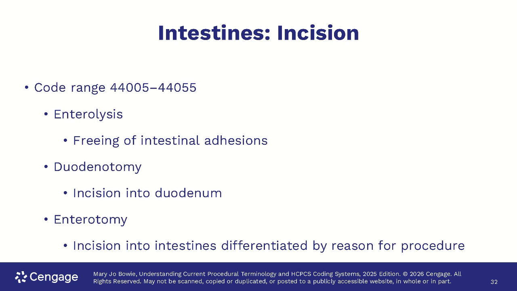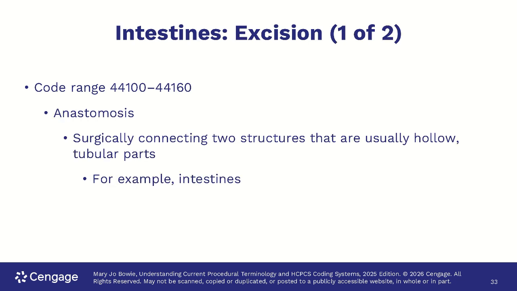Lysis is freeing up something, and in this case, intestinal adhesions. Duodenotomy, otomy, we're making an incision into the duodenum. Enterotomy, otomy, an incision into the intestine. And those particular codes for the enterotomy are divided based upon the reason for the procedure.